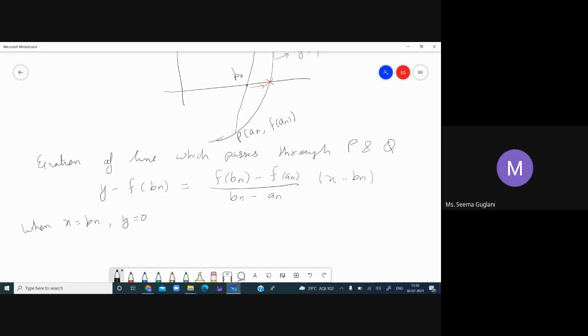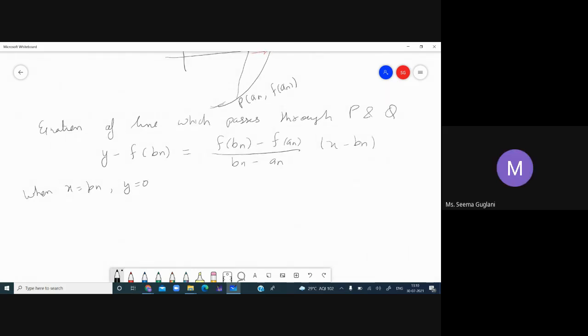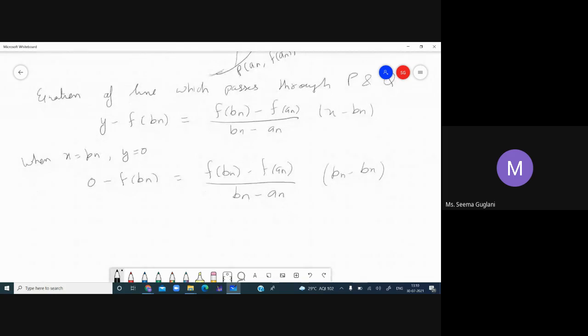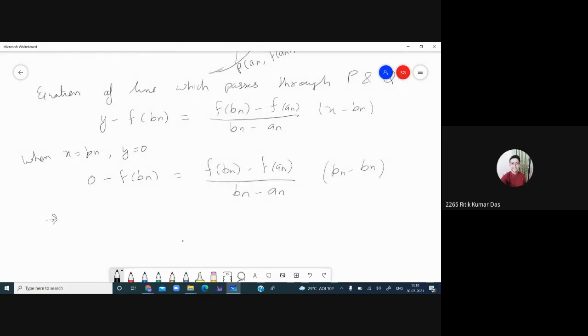So substituting this point in the above equation, taking y as 0 and x as Pn, I will be getting this equation. Solving it, Pn minus bn would be minus f(bn) into (bn minus an) divided by (f(bn) minus f(an)).